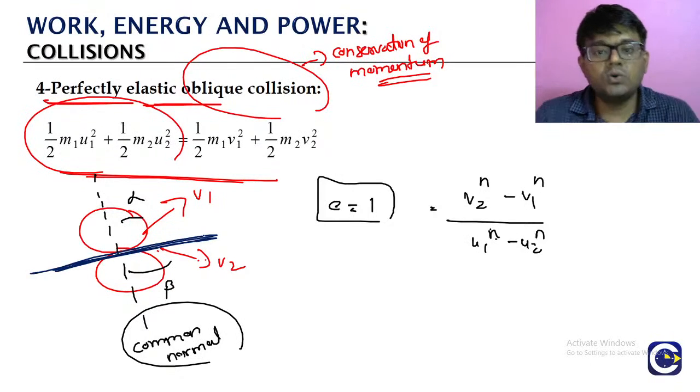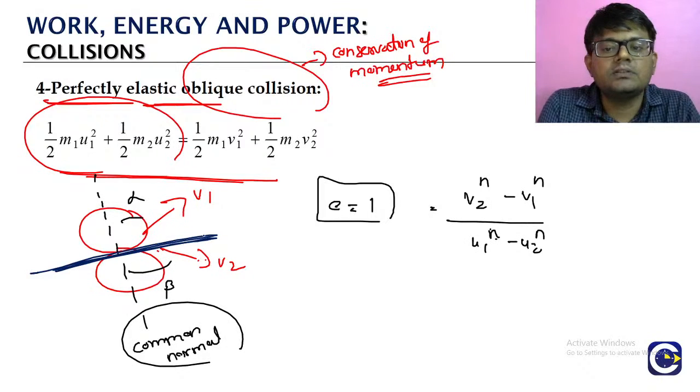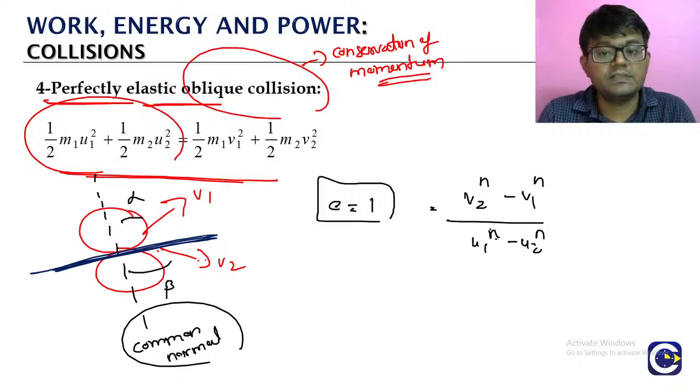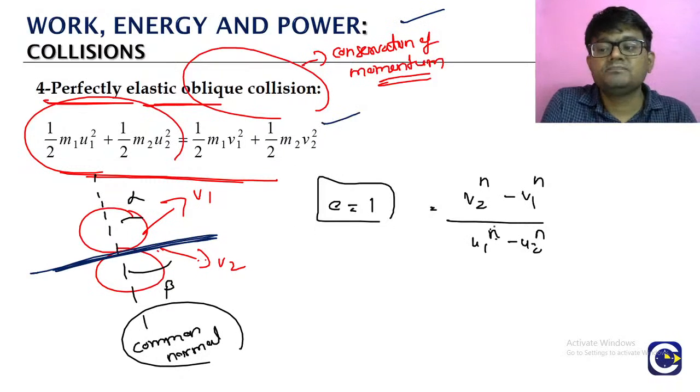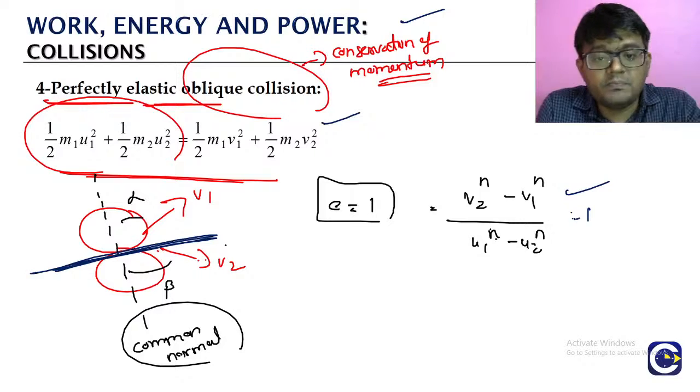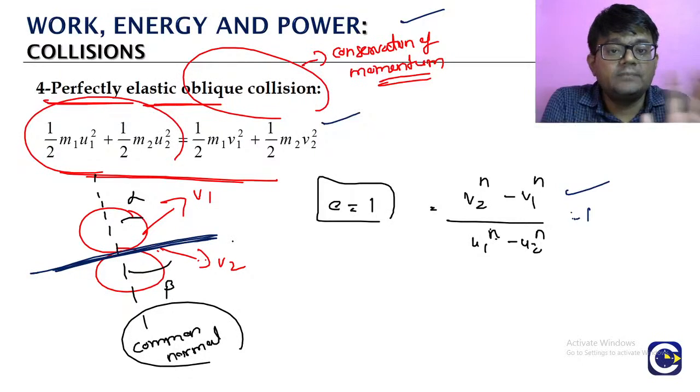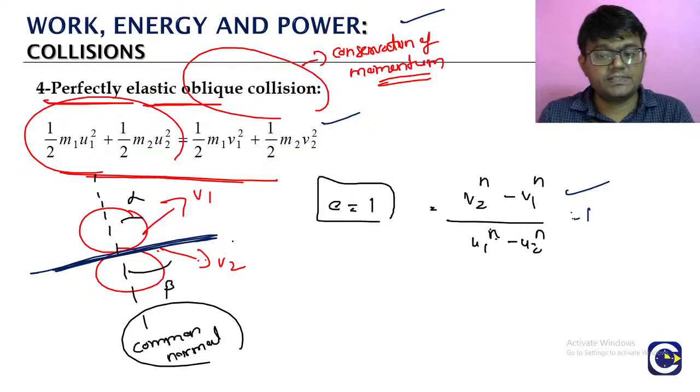As such, solving these questions, we are going to involve multiple equations. We'll have conservation of momentum, the e equal to 1 equation, and we will also have an equation coming from the balancing of the velocity components.